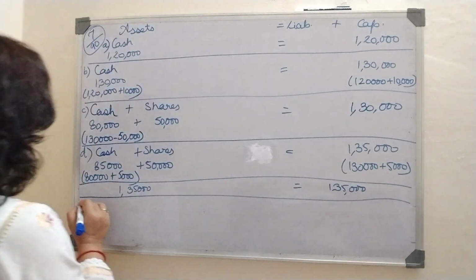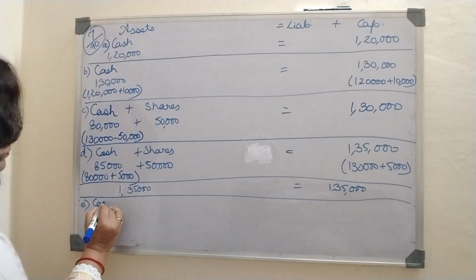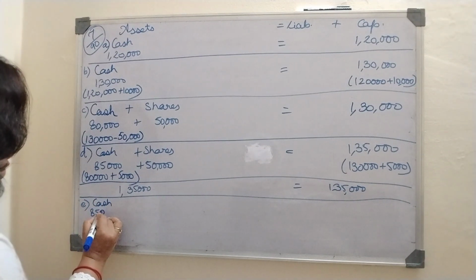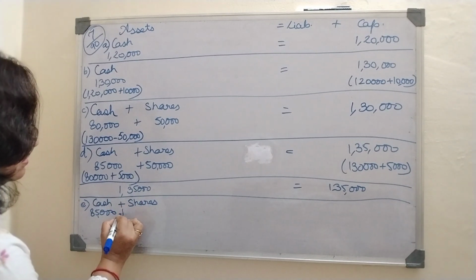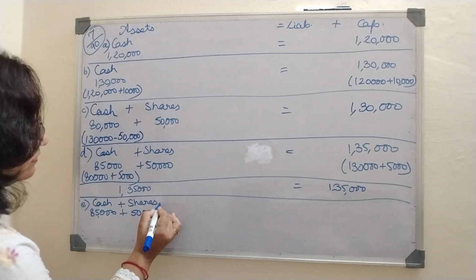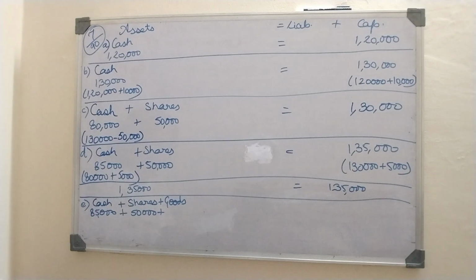Right? So now next we have the E part. The E part says purchase goods on credit from Ragini. So when we are purchasing goods on credit means we are making a creditor for ourselves, right? So cash remains same, 85,000 plus shares 50,000 plus goods, right? So I have made goods for myself. I purchased 35,000.